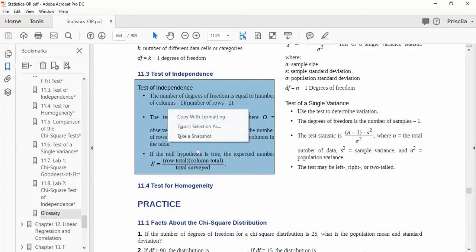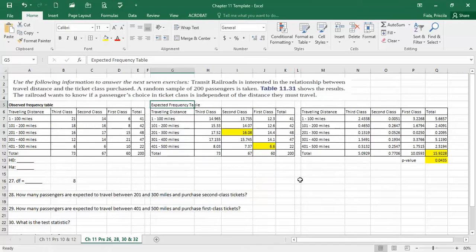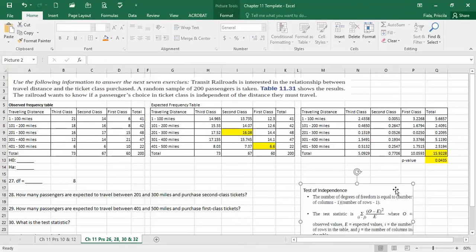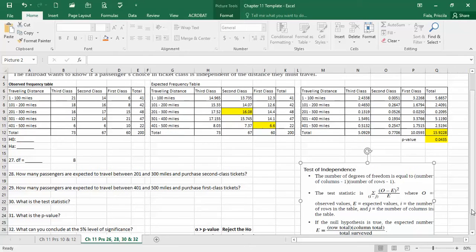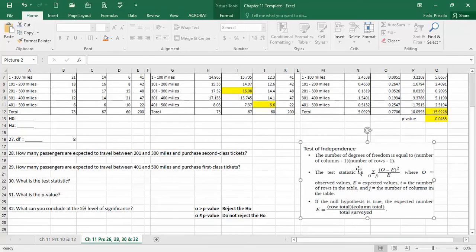The test statistic is going to be the same thing as we did before. The difference is that you're going to be working with two different tables, and I'm going to show you how we do that. On your degrees of freedom, yes, it changes as well.